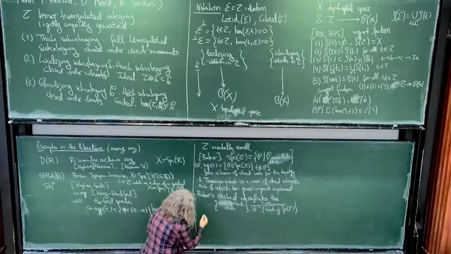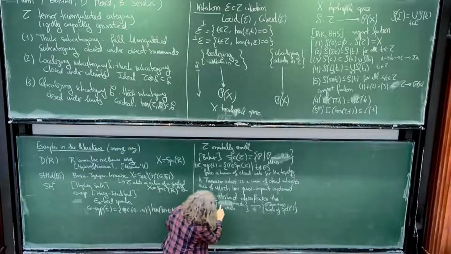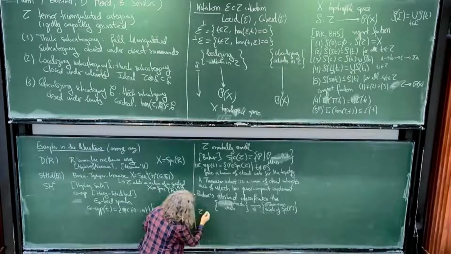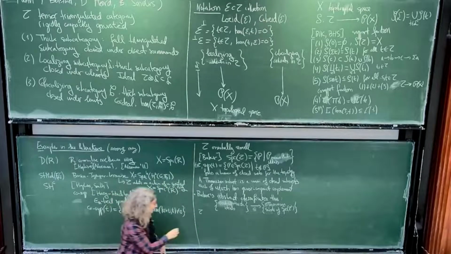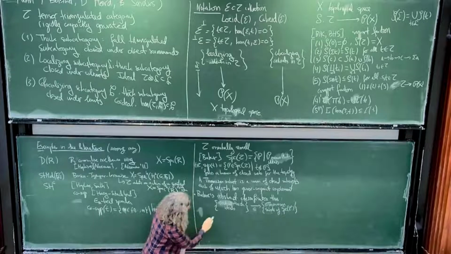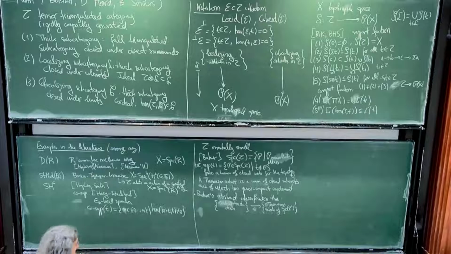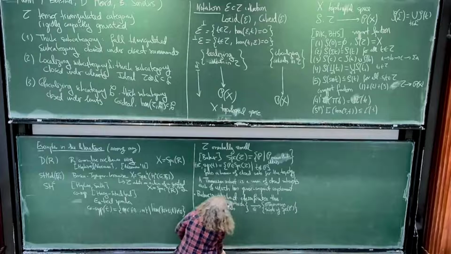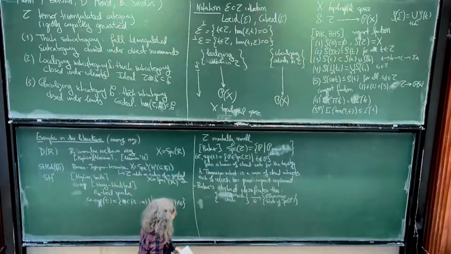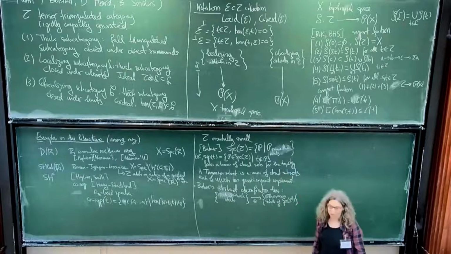And in our case, if the category is rigidly compactly generated, then the compact objects and the dualizable objects are the same, and then you can erase radical from the picture. Sorry, here I'm working in the essentially small context.